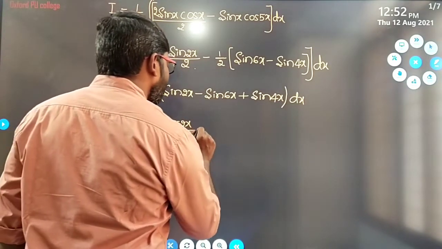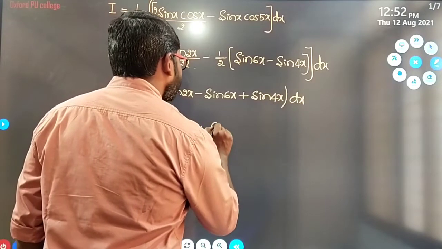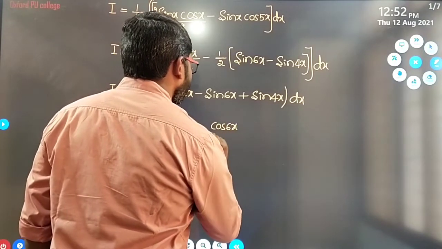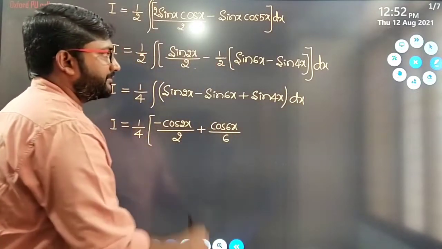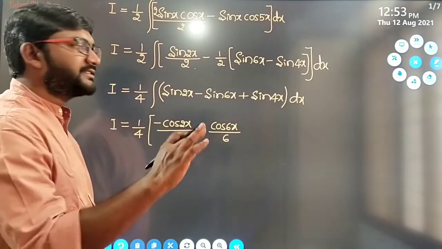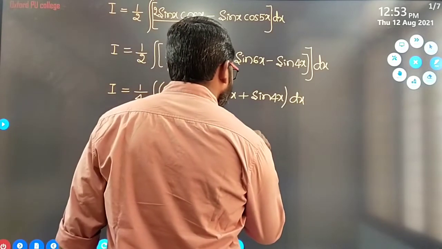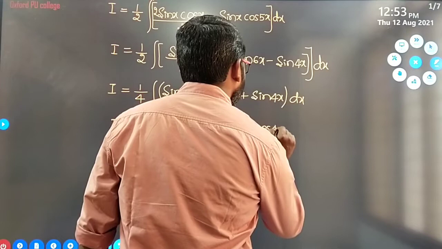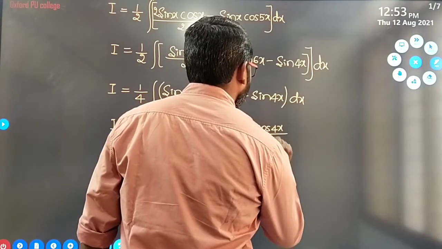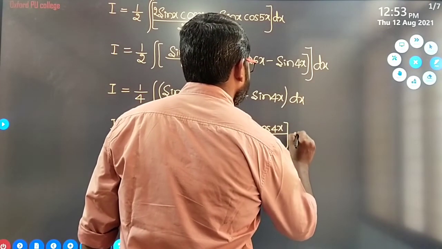So minus into minus it becomes plus, cos 6x by 6. Then integration of sin 4x, it will be minus cos 4x by 4 plus c.